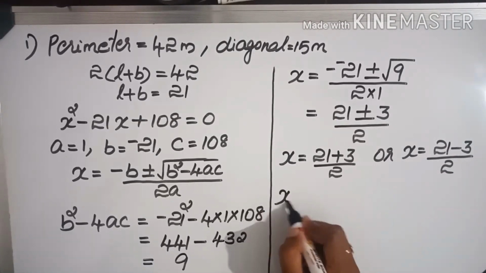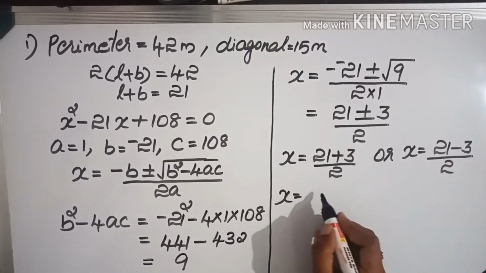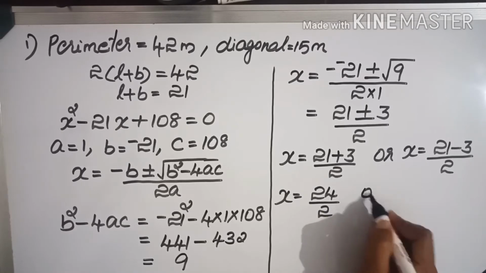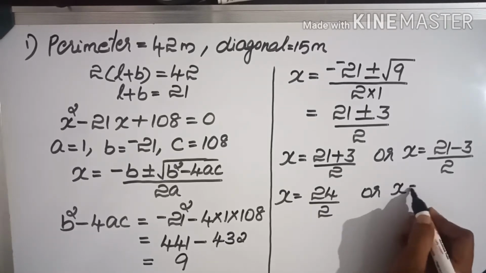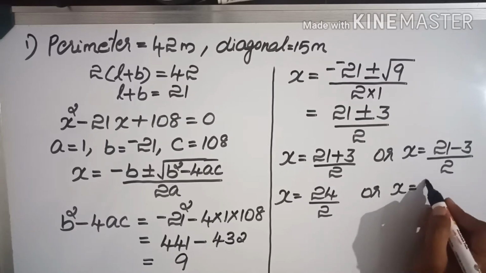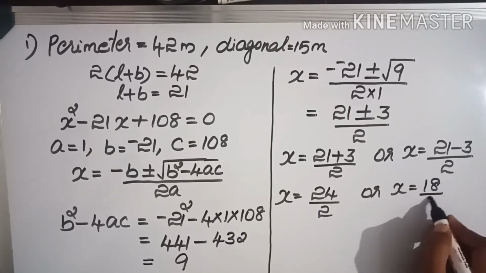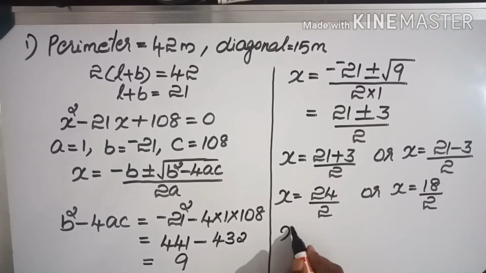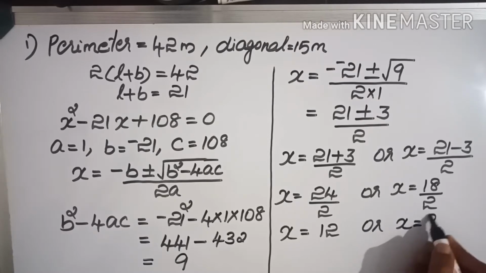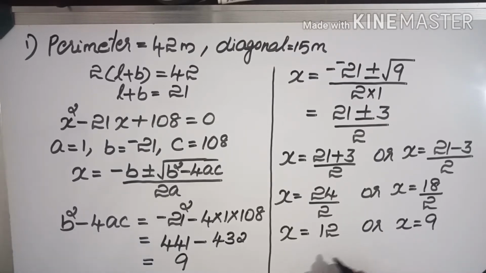Now x is equal to 21 plus 3, that is 24 by 2, or x is equal to 21 minus 3, which is 18 by 2. That is x is equal to 12 or x is equal to 9. This is the answer we got here.